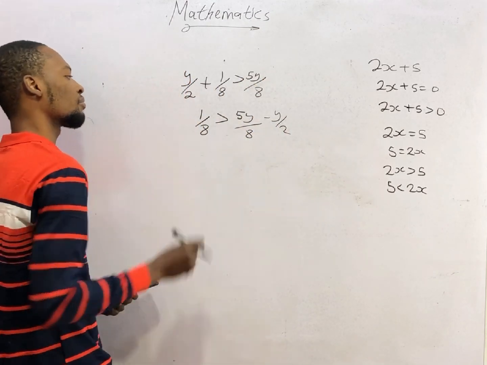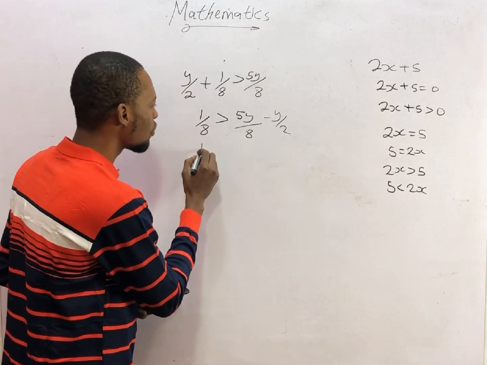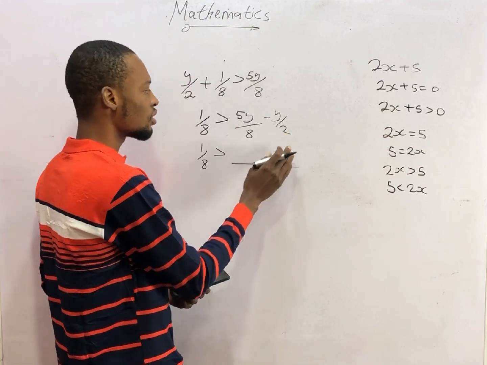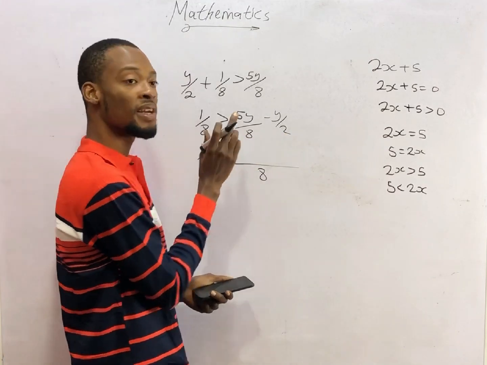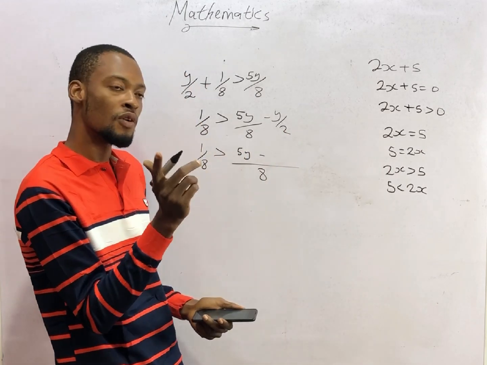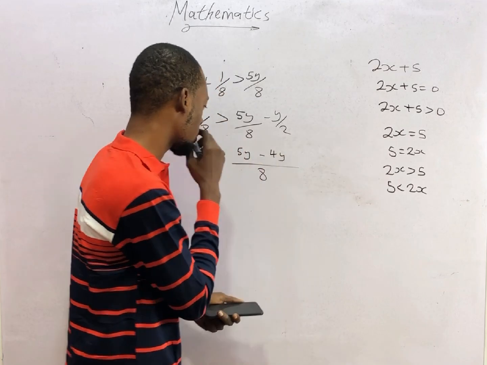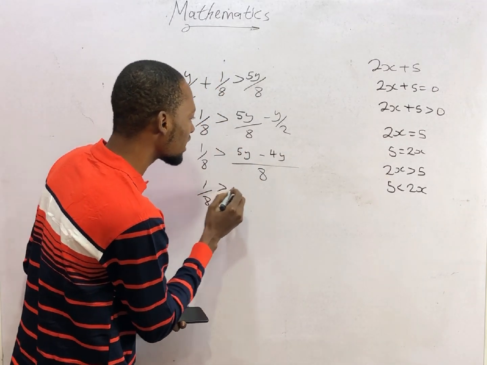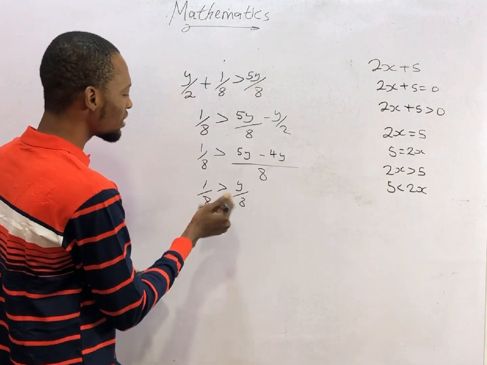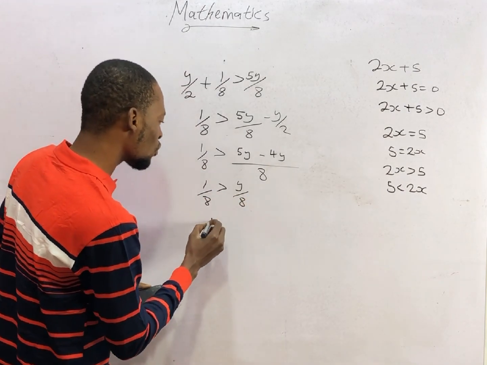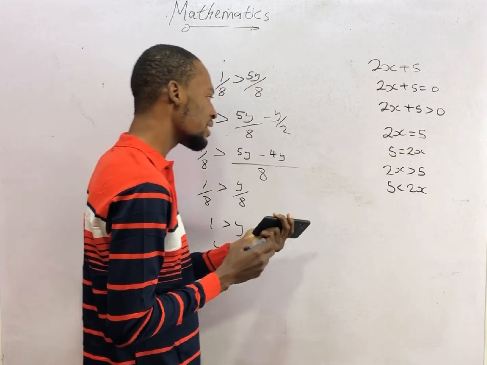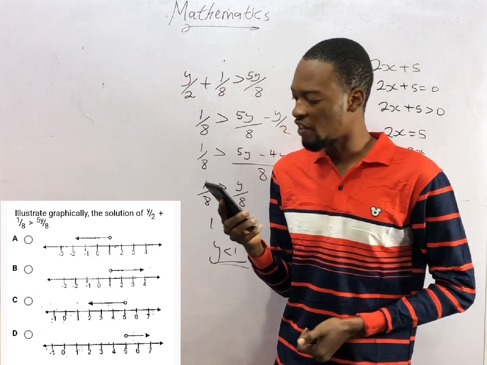Then 1 over 8 is greater than, 8 is the LCM of 8 and 2. 8 divided by 8 is 1; 1 times 5y is 5y, minus 8 divided by 2 is 4; 4 times y is 4y. 1 over 8 is greater than y over 8. Since 8 is here and 8 is here, it means 1 is greater than y, or y is lesser than 1. The solution to this inequality is y is lesser than 1.